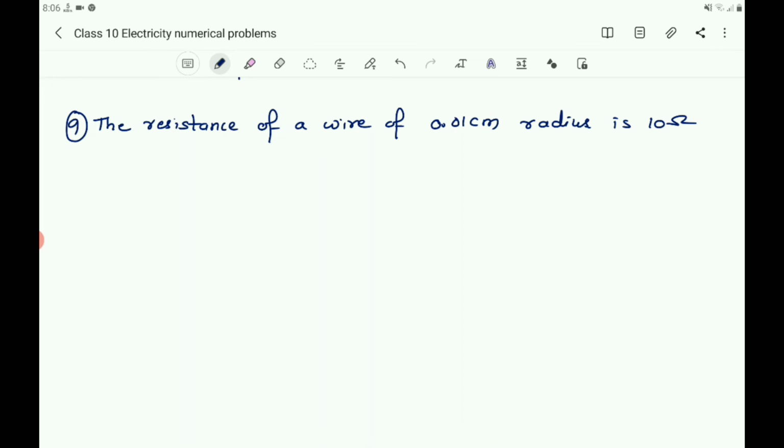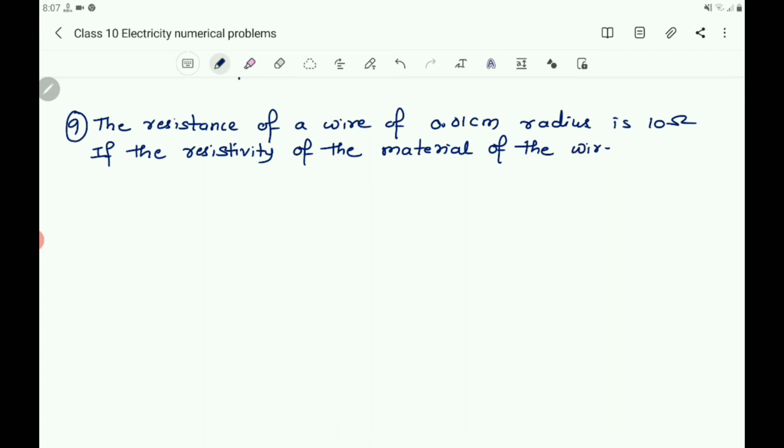If the resistivity of the material of the wire is 50 into 10 power minus 8 ohm meter.